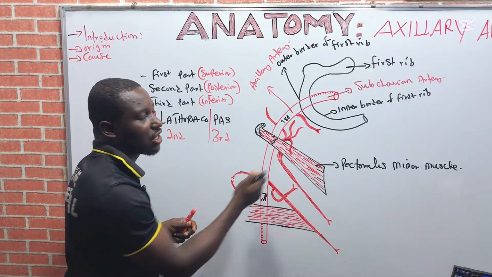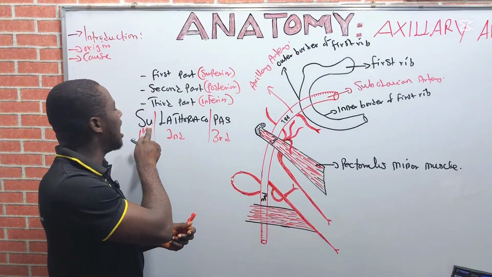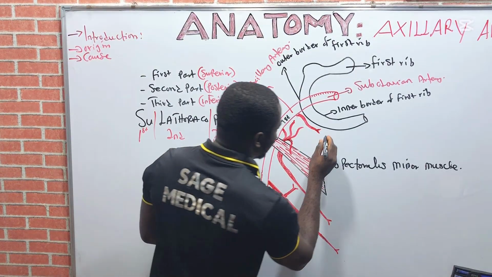The first branch here is called the superior thoracic artery, SU, superior thoracic artery. Look at it here.